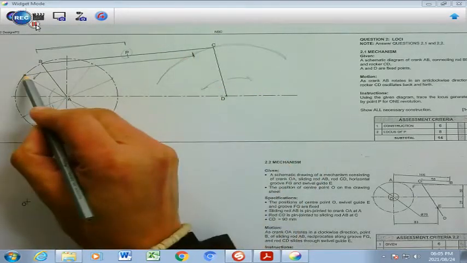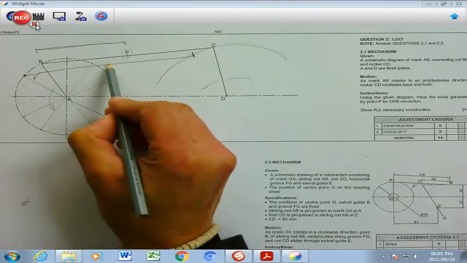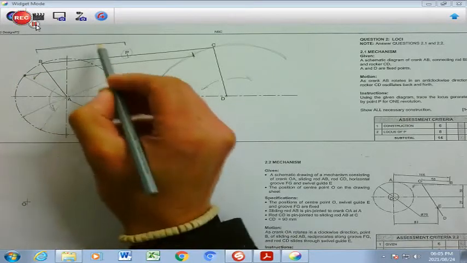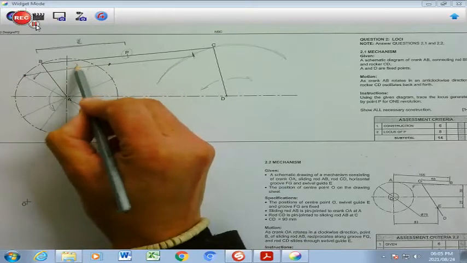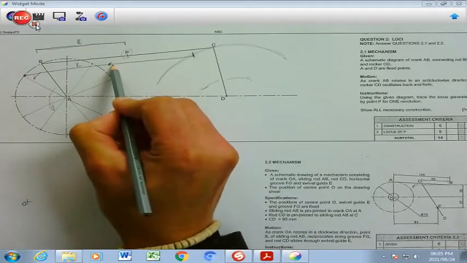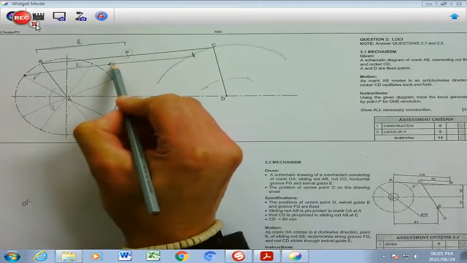Then you measure from this point where point P would be. If that is, for example, X, that is the distance you measure for point P1. So that's point P1.